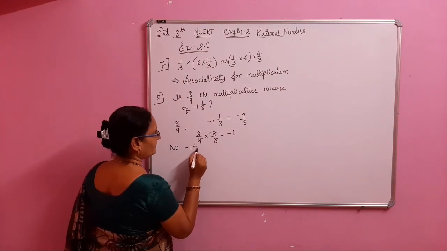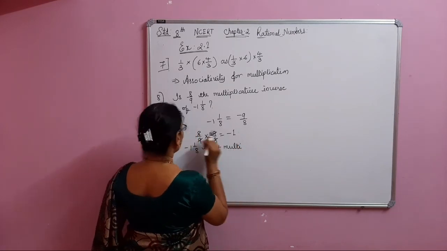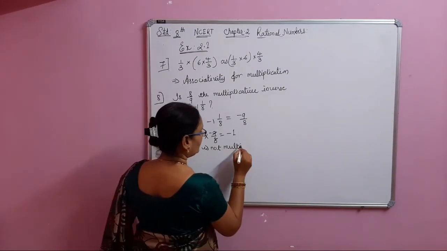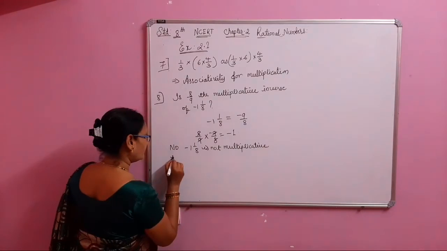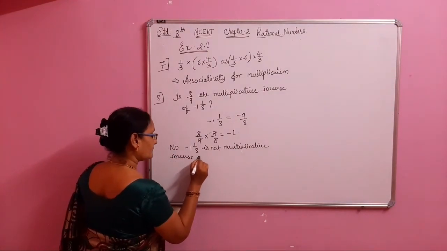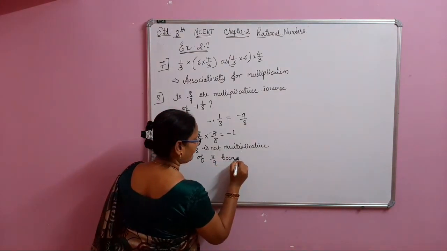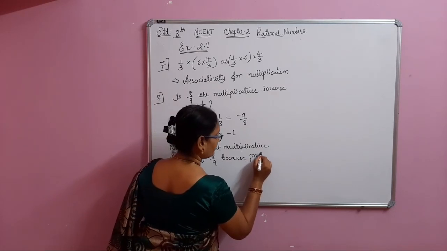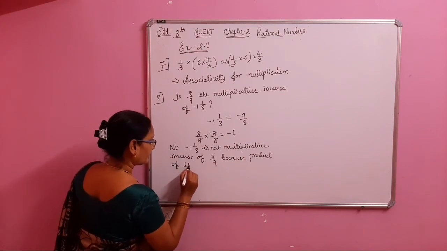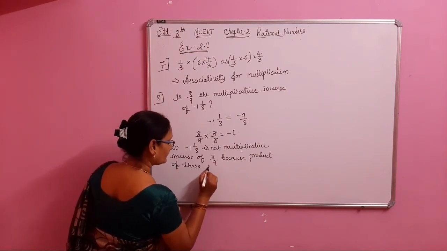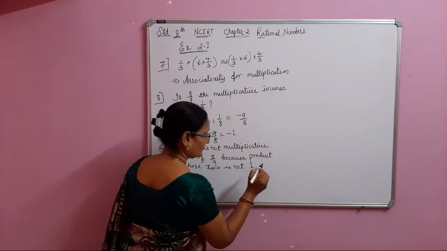Minus 1 integer 1 by 8 is not the multiplicative inverse of 8 by 9 because the product of those two is not 1.